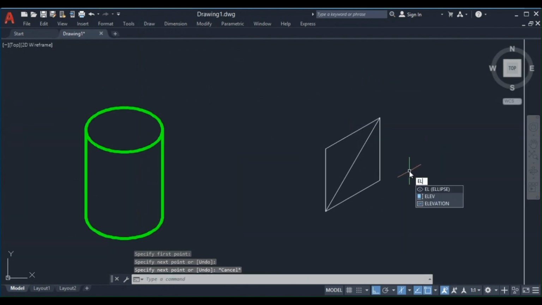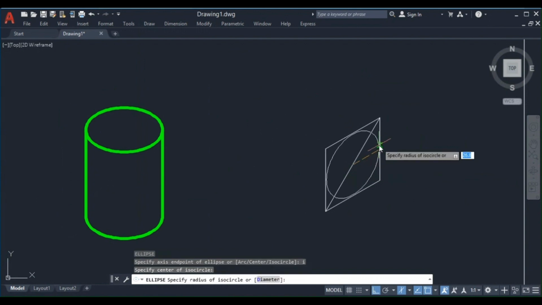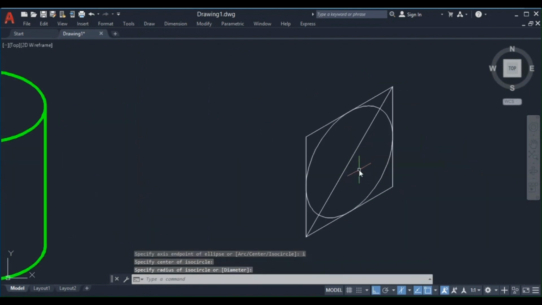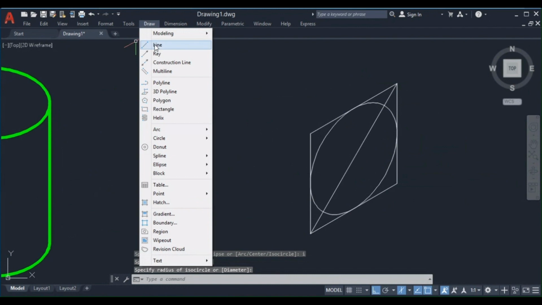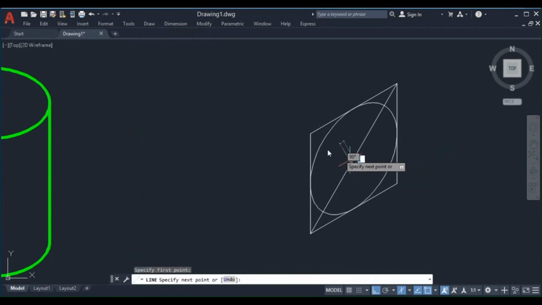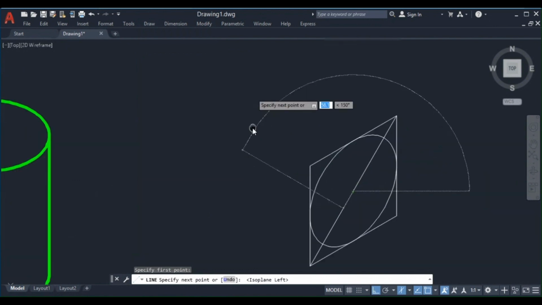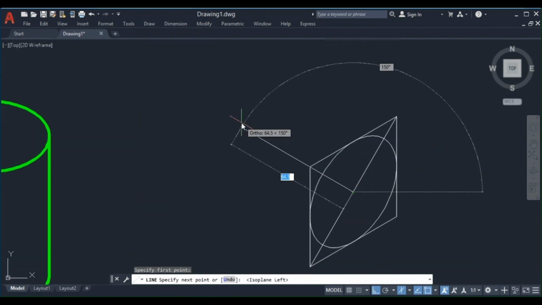Press EL, enter, I enter. Any midpoint. And axis also should be drawn in ISO angle at an angle of 150 degrees. If you don't draw ISO in proper angle, you won't get isometric view. So kindly remember this point, whatever I'm explaining you, right?